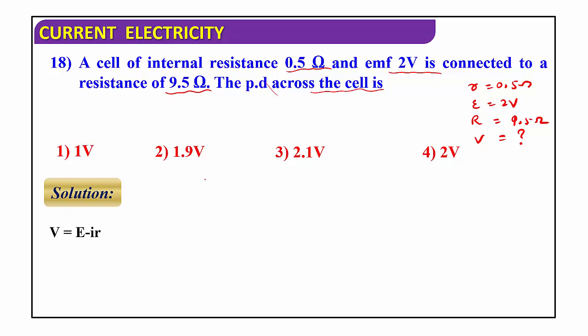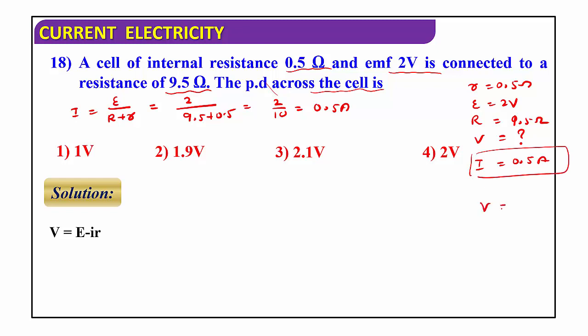We already know the equation. Remember this equation, I equal to E divided by R plus r. Substitute the values: 2 divided by 9.5 plus 0.5. So 2 by 10 is equal to 0.2 ampere. This is the current value. Is it clear?